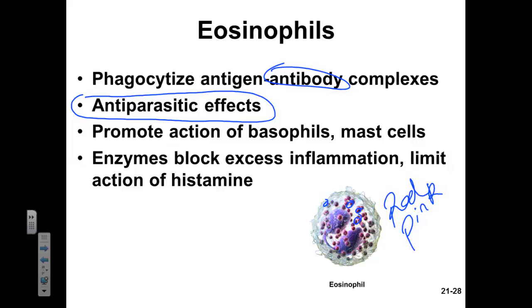Our eosinophils also have enzymes that block excess inflammation and limit the action of histamine. And that's a good thing because eosinophils also activate two cell types that cause inflammation and release histamine into our bodies.